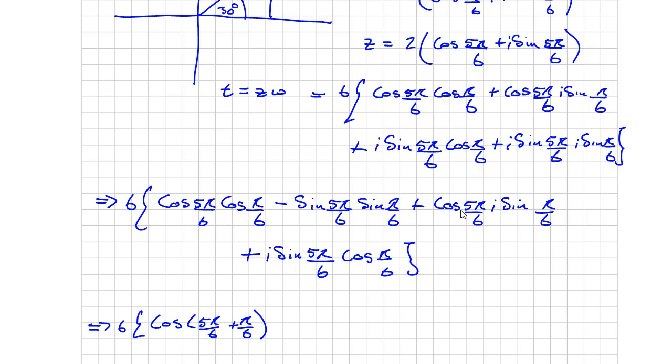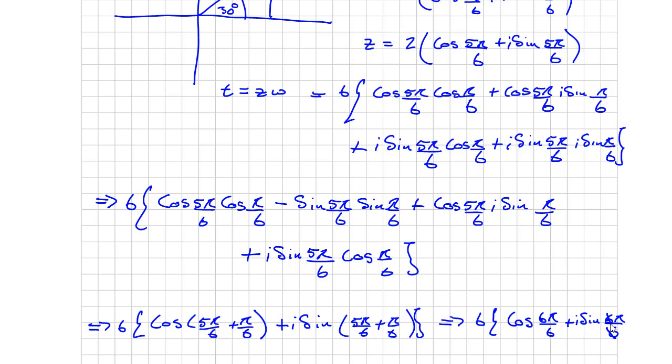And you will also find a formula for cosine A sine B plus sine A cosine B, and that is equal to the sine of A plus B. And that gives us that we have 6 outside of the cosine of 6 pi over 6 plus i sine of the same.